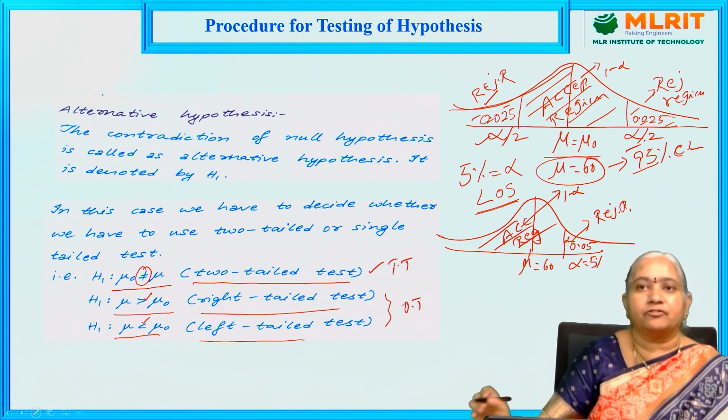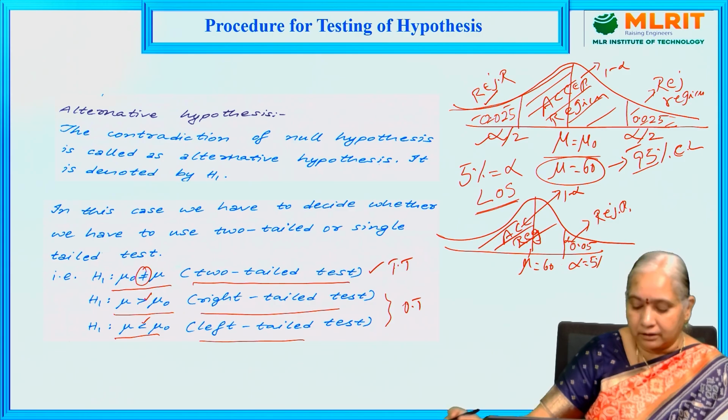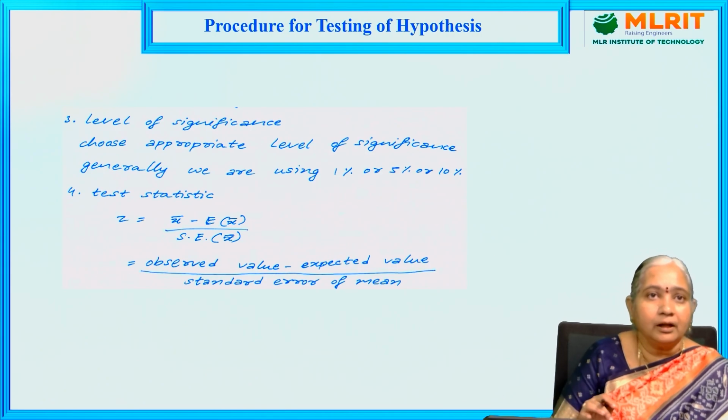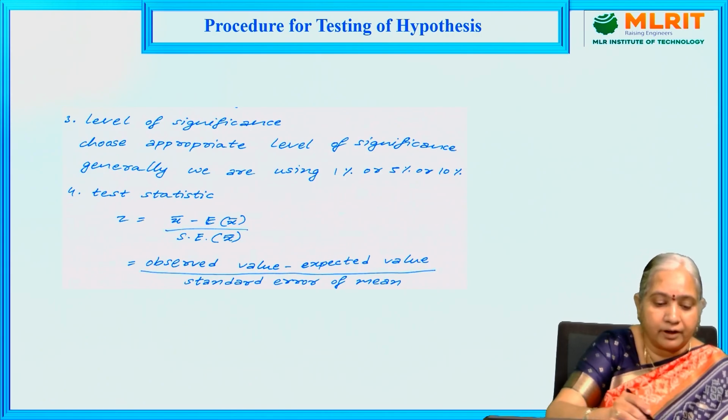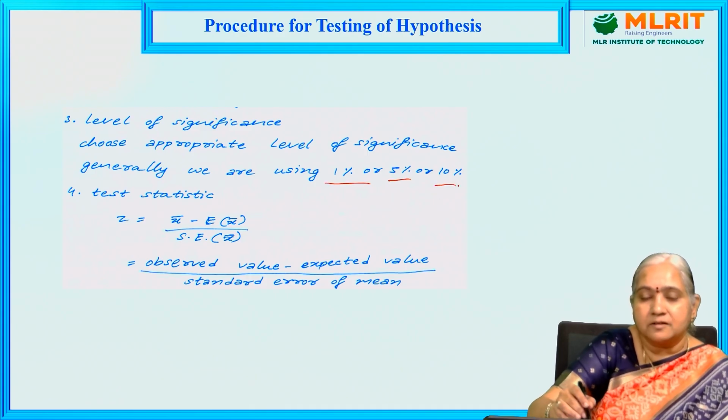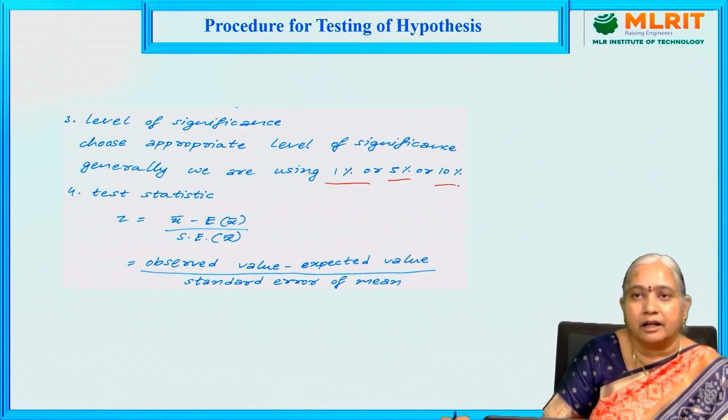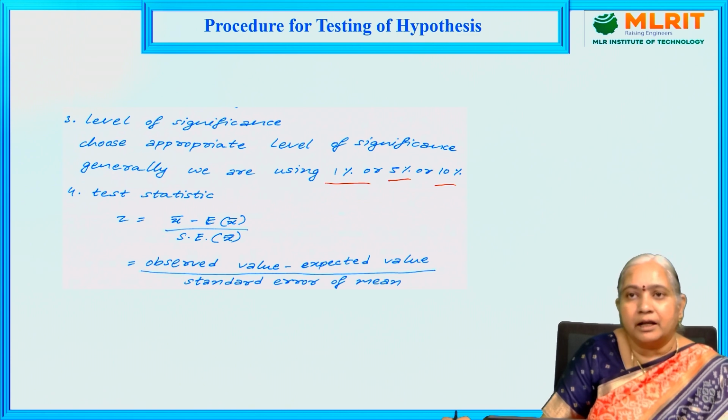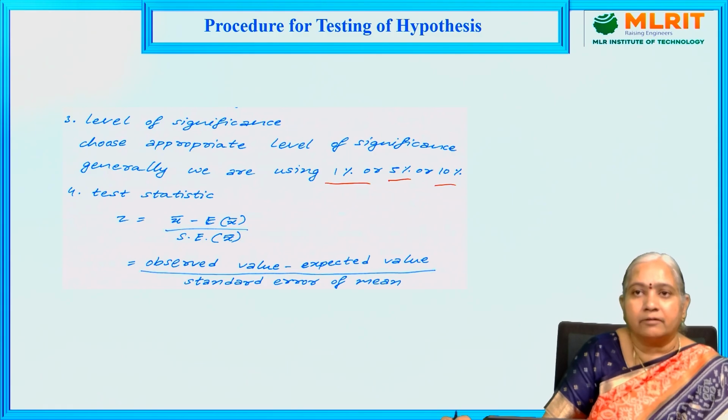So this is the difference between a one-tailed and a two-tailed test. So this is the level of significance alpha. We can take either 1%, 5%, or 10% error in our claim. The remaining, 1 minus alpha, is the acceptance region or confidence limit in our claim.